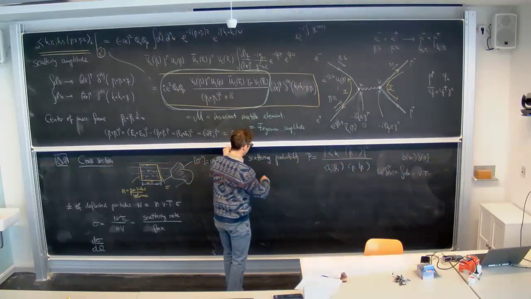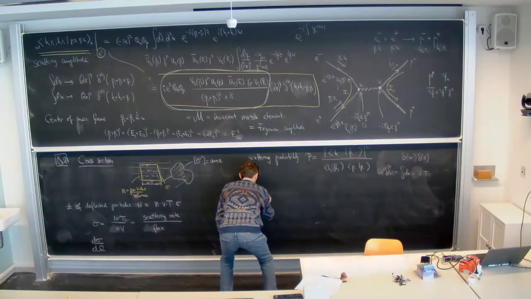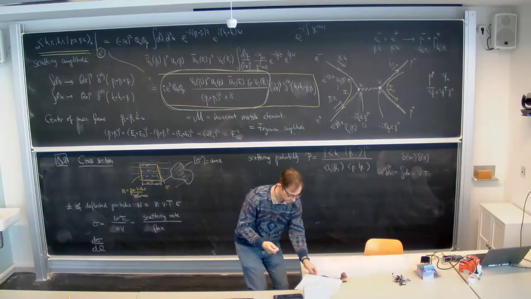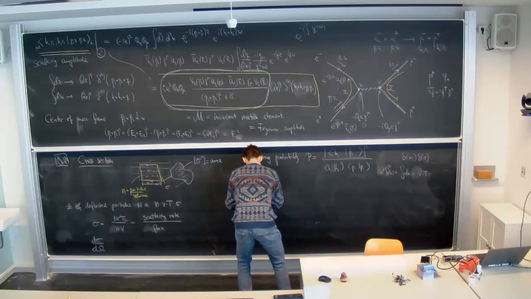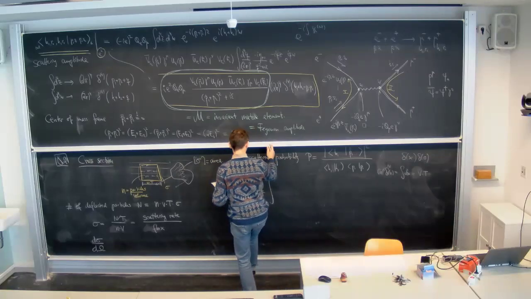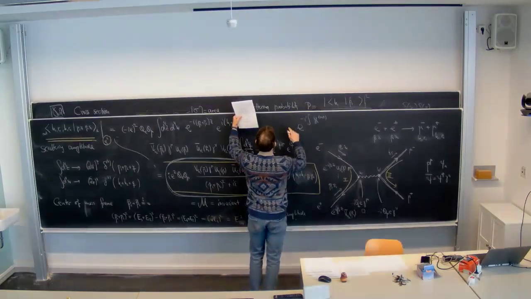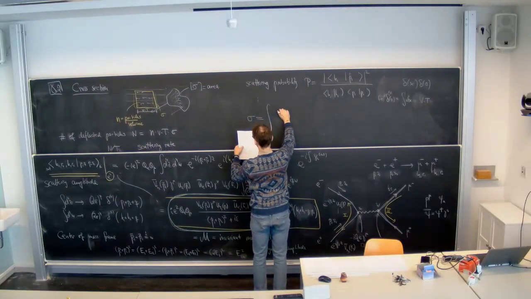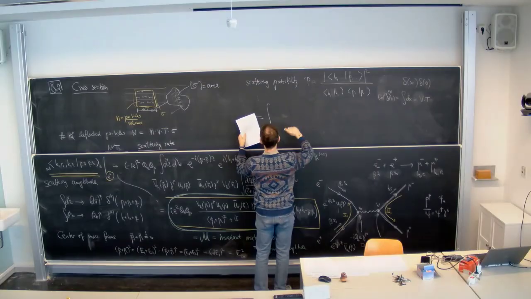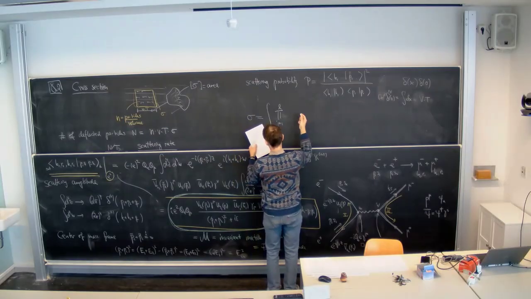So the formula after yaka yaka yaka is the sigma is equal to, and that's wrong, integral. Let's say we still produce L particles on the outgoing side.